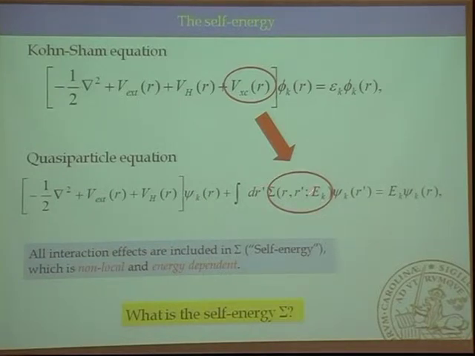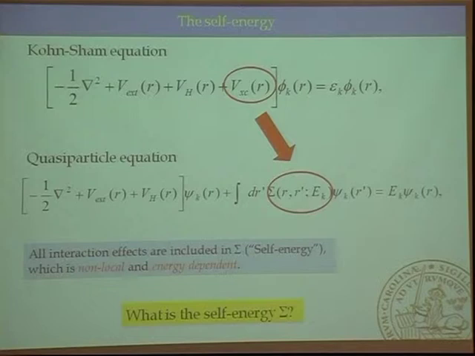Now this self-energy is non-local and it's a function of the energy. So unlike DMFT, the self-energy in the GW approximation is non-local, meaning that it has intersite components. So we take into account all the non-local components of the self-energy.